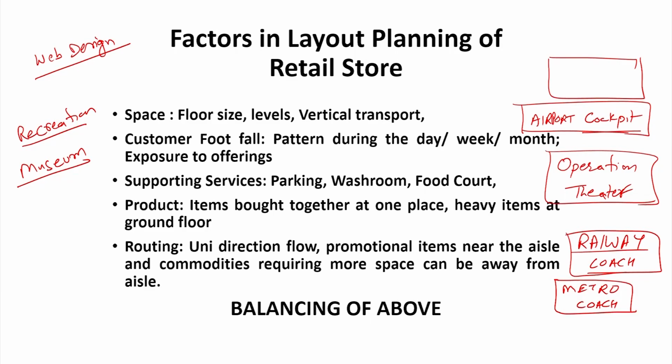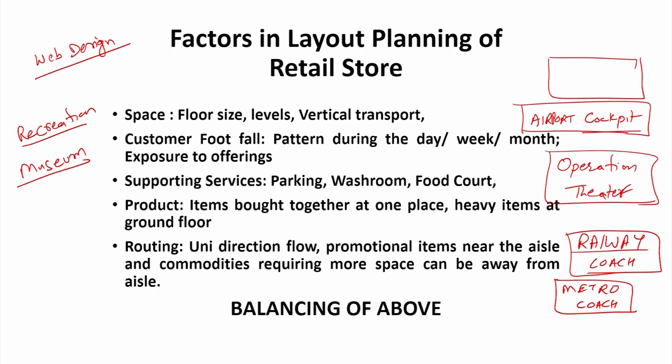Many times galleries are arranged based on function, like one gallery has various dresses, another gallery has weapons, if it is a fort or something, or another gallery shows civilized life, how people were living in that place. In some other museums it has been arranged in some different manner, but you will find some aspects of layout planning have been applied in the museum.